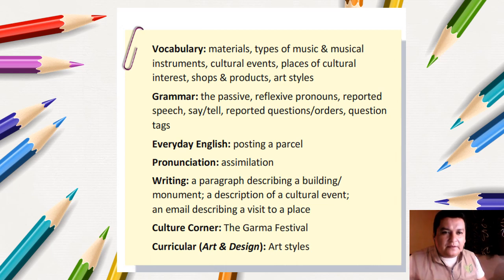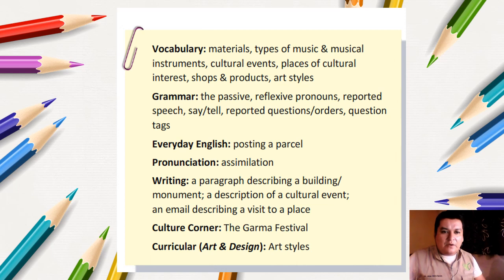So, to start with, we're going to check all the elements of this unit. From Unit 6, Vocabulary, we are going to talk about materials, types of music and musical instruments, cultural events, places of cultural interest, shops and products, art styles.